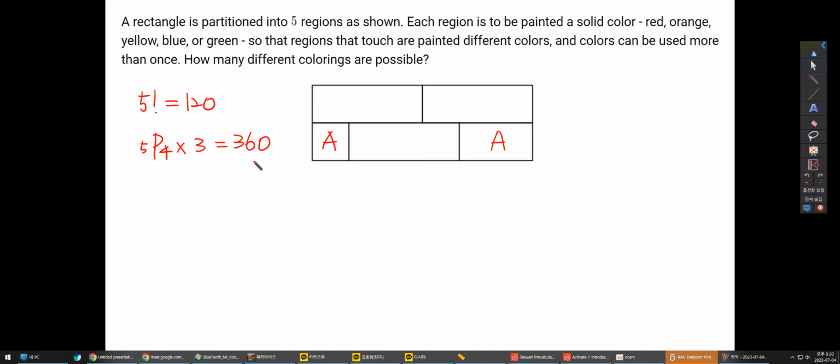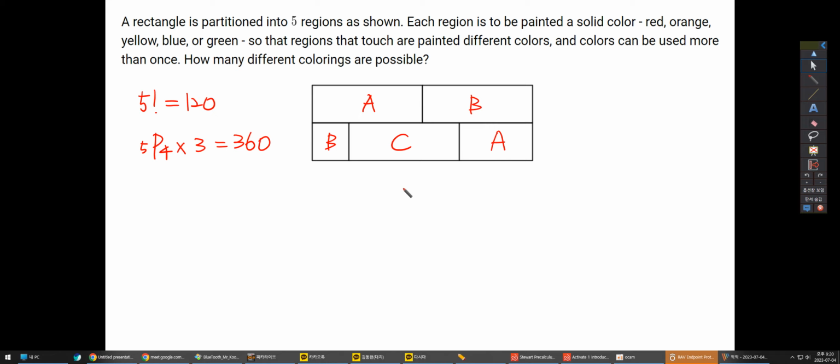And if we use just 3 colors, like this, like this, A's don't touch each other and B's don't touch each other.